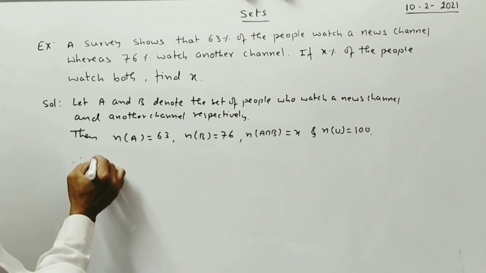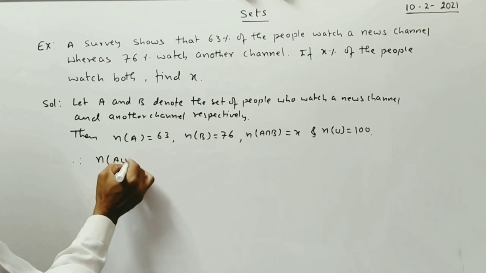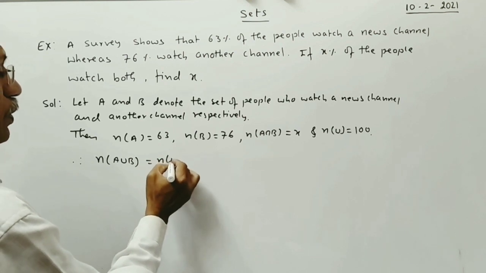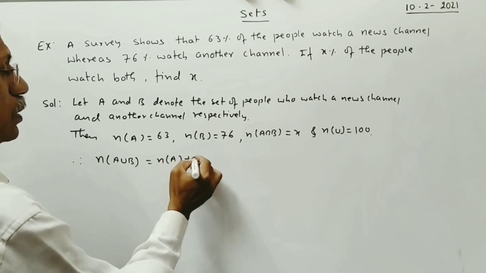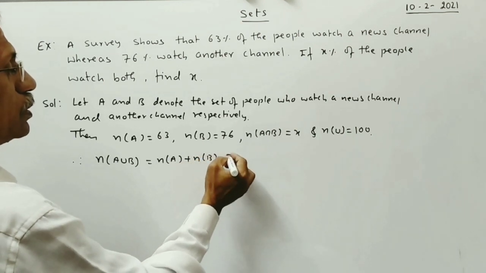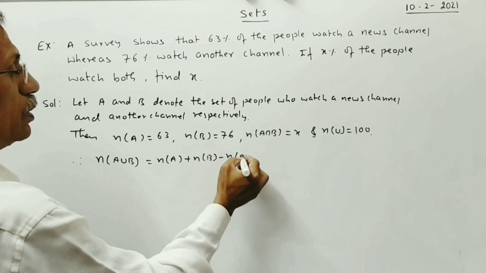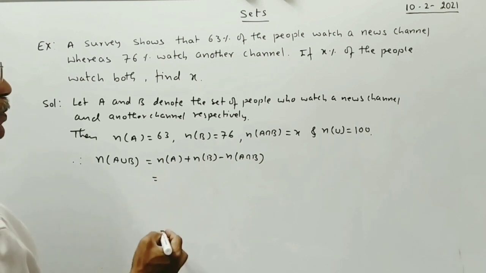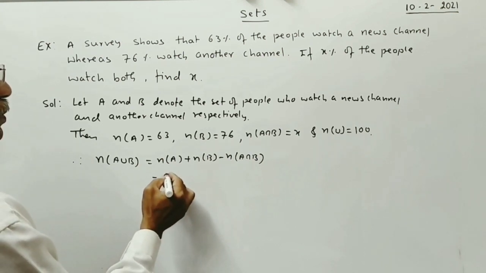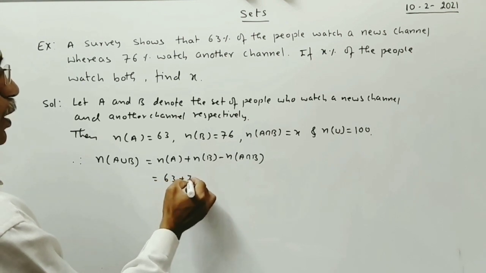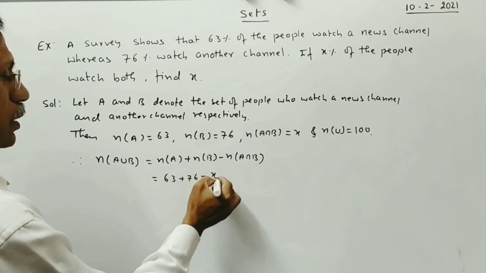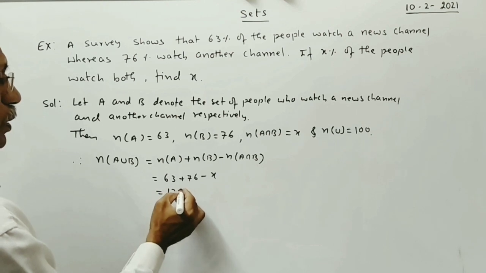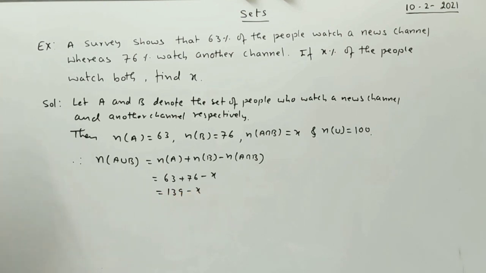Therefore, number of elements of A union B is equal to number of elements of A plus number of elements of B minus number of elements of A intersection B, is equal to 63 plus 76 minus X, is equal to 139 minus X.